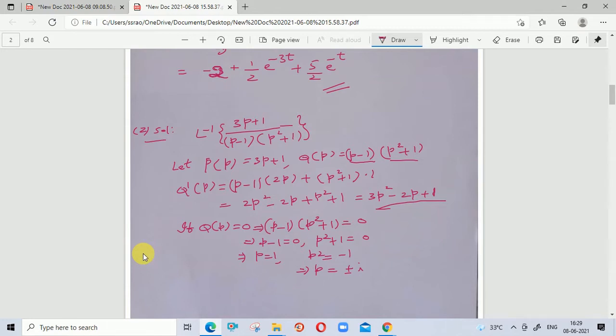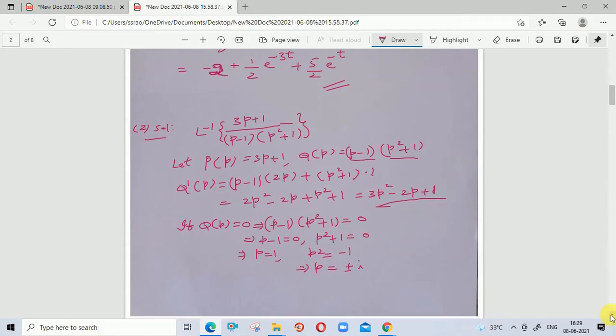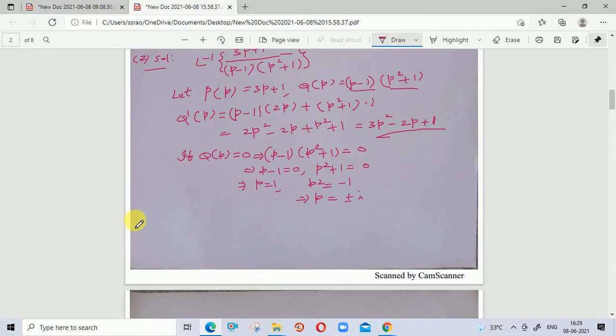Therefore the 3 zeros of Q of p are a1 is equal to 1, a2 is equal to plus i, a3 is equal to minus i.